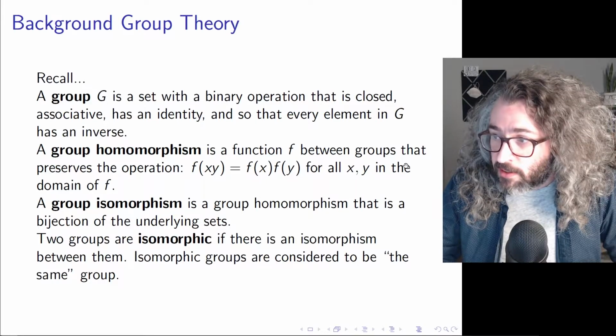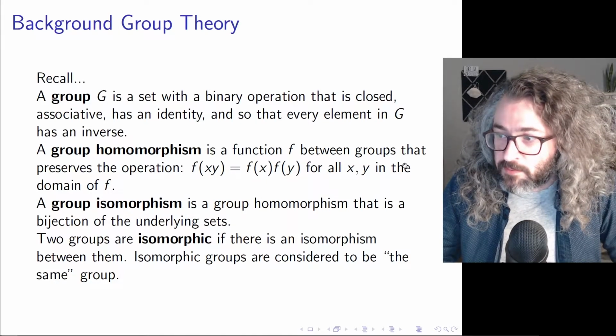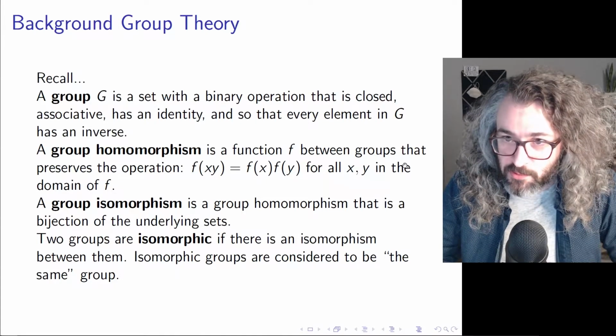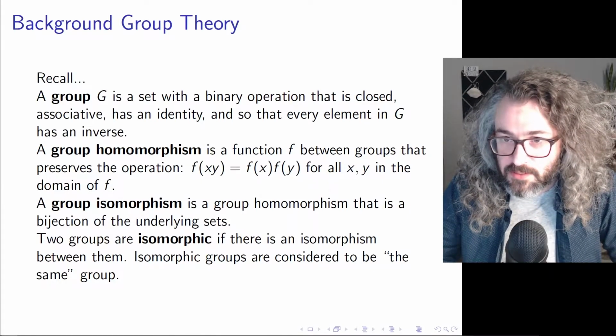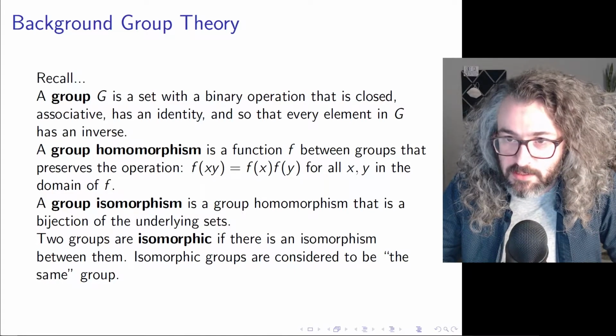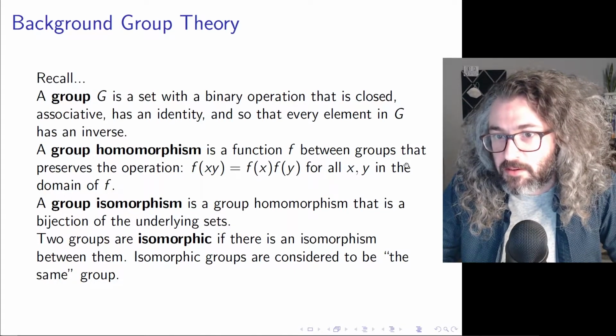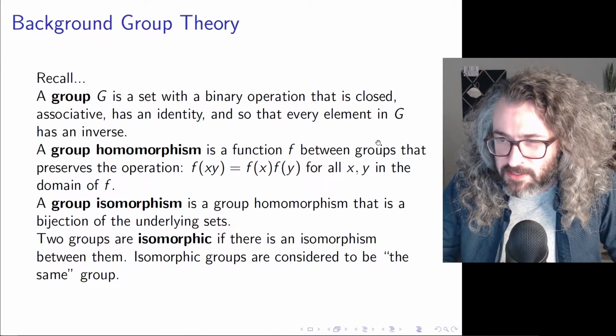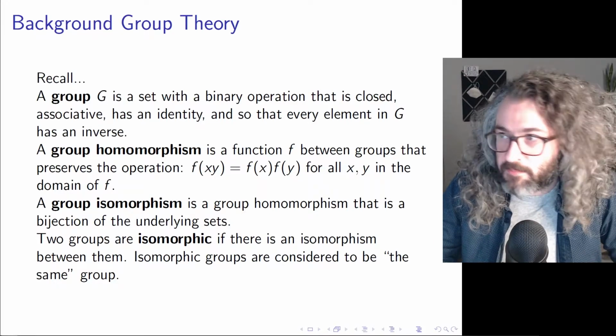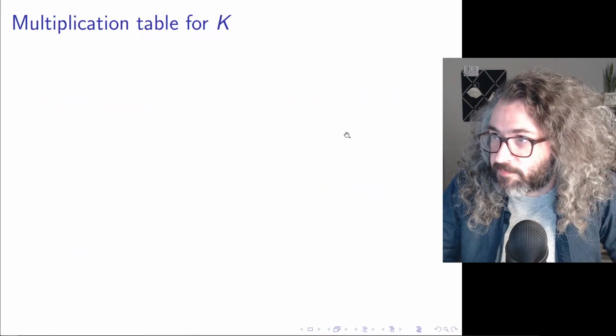And two groups are isomorphic if there is an isomorphism between them. Isomorphic groups are considered to be the same group. The isomorphism is just relabeling the elements, but essentially the operation is the same operation. So I'm expecting you already know all that. It's just some background in case you forgot.